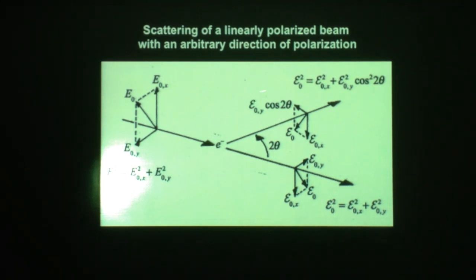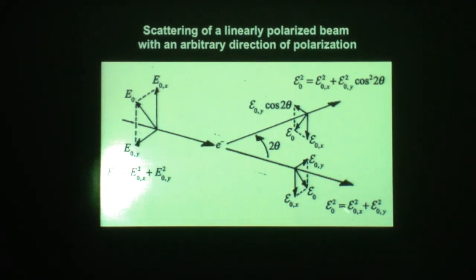So the scattered beam we could always resolve its polarization into the polarization along x and y, the y part adjusted by the cosine of 2 theta. So x squared plus y squared cosine squared of 2 theta gives the squared polarization of this scattered beam.